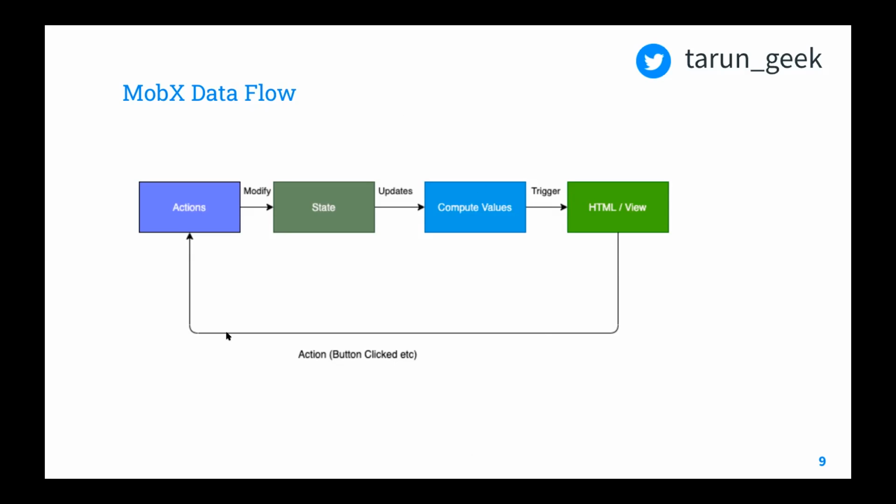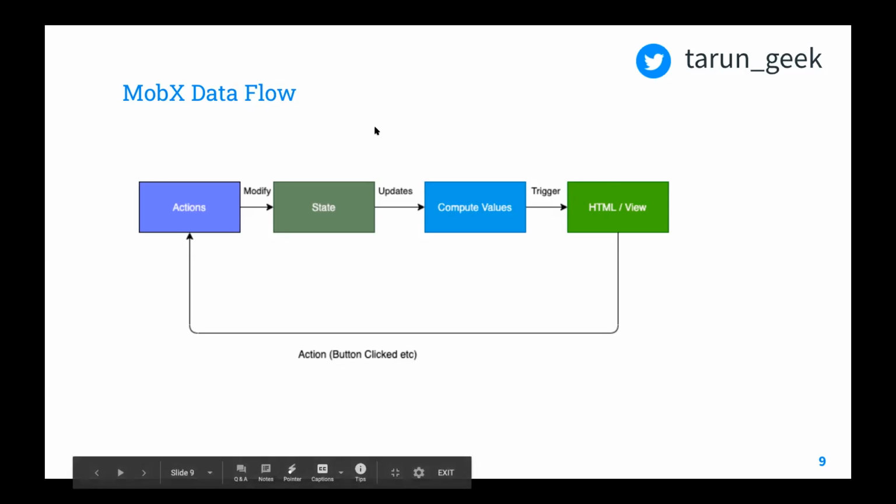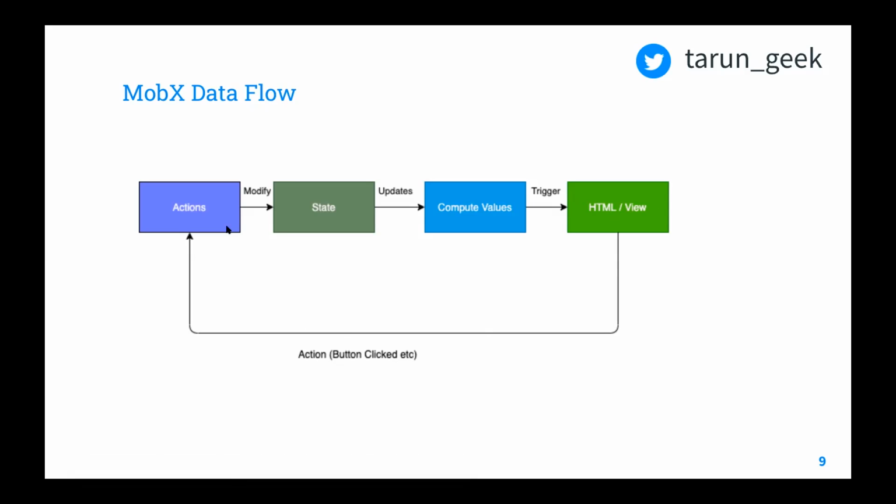You have your HTML, basically a button like what is the weather today? Click on the button, it will show you the weather. Or give me a thought of the day. You click a button, the thought will be displayed. So whenever you hit any action in your application, this cycle flows. This is basically the flow by which MobX manages your application.